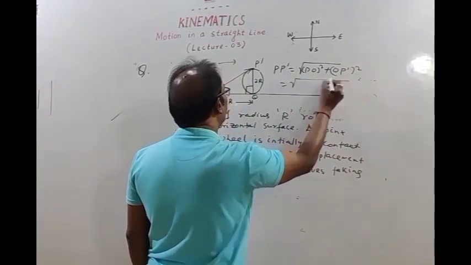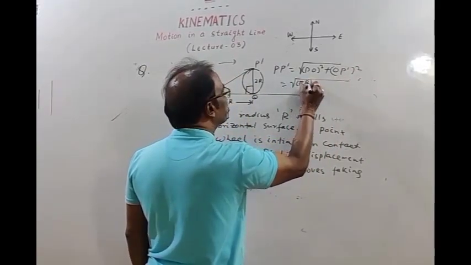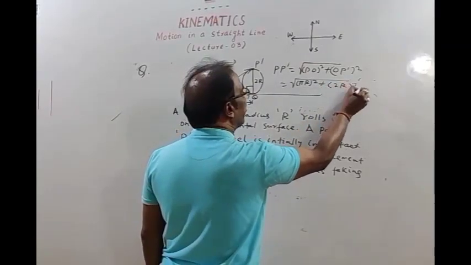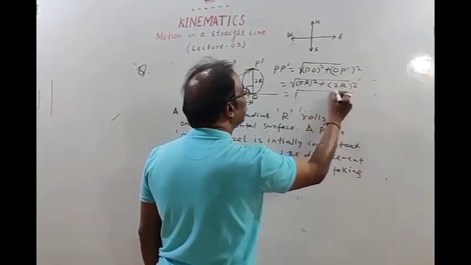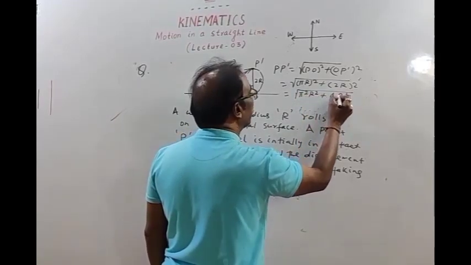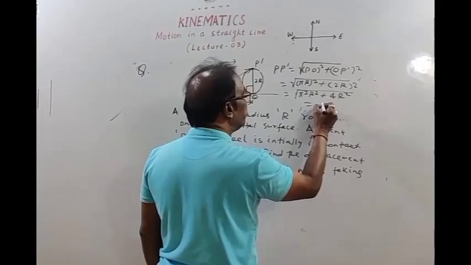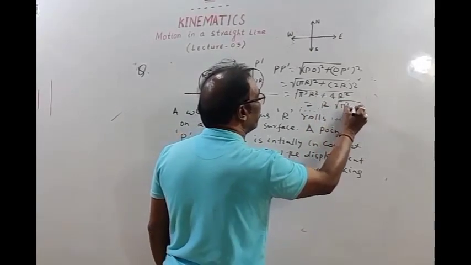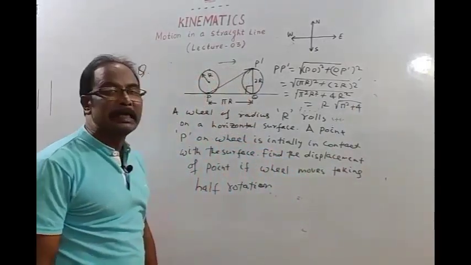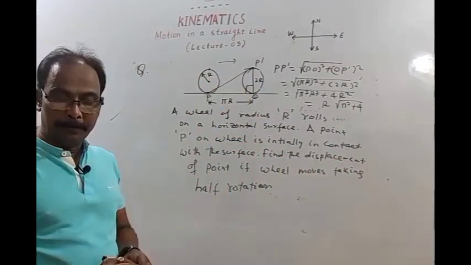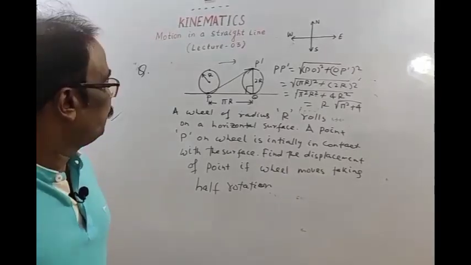That is pi r square plus 2r square, and finally we get pi square r square plus 4r square. Then displacement is r root of pi square plus 4. This is the displacement of the point after the wheel has taken half rotation and rolled forward.